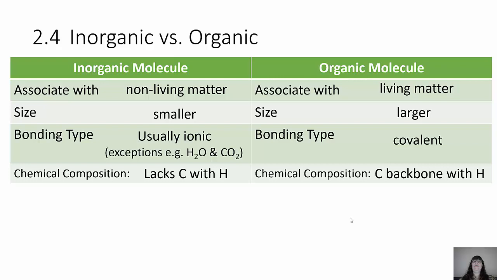Now the exceptions there, water and carbon dioxide, are covalent bonds, but they are still inorganic molecules. What defines inorganic is it does not have a carbon bonded with a hydrogen. Organic has a carbon bonded with hydrogen. Okay, so if you're asked if something is organic or inorganic, you're going to look for carbon and hydrogen both together.